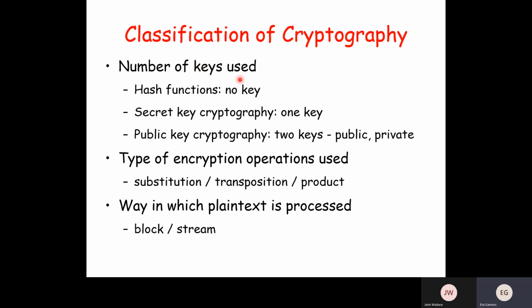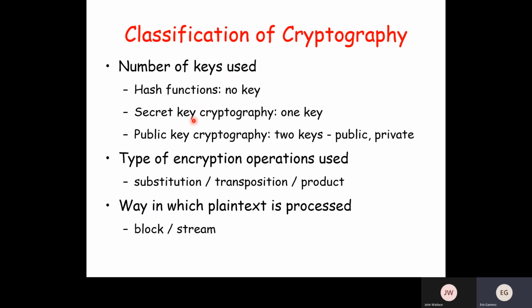The number of keys that we are going to use can be 0 keys, 1 key, or 2 keys. For example, in the hash function, we don't have keys. When you use MD5 or SHA1, secure hash algorithm 1, you don't have a key.